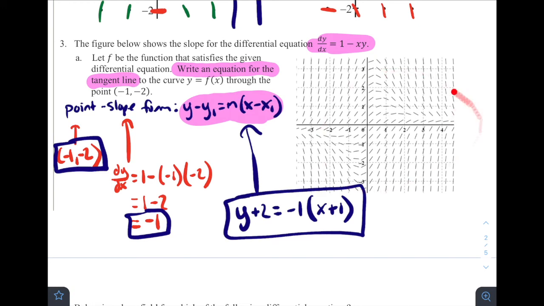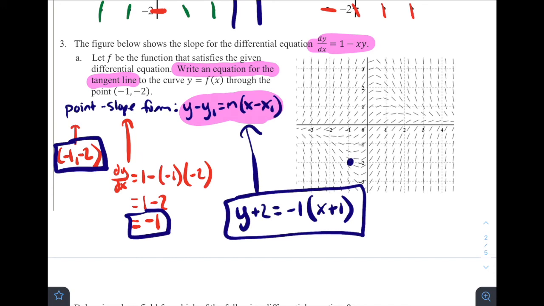In this case, interestingly enough, it doesn't look like we really needed to use the slope field, but I want to visually show what we're trying to find here. The point they gave us was (-1, -2).